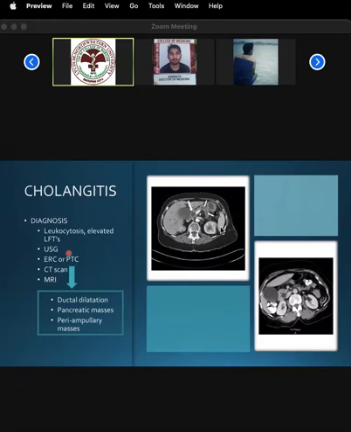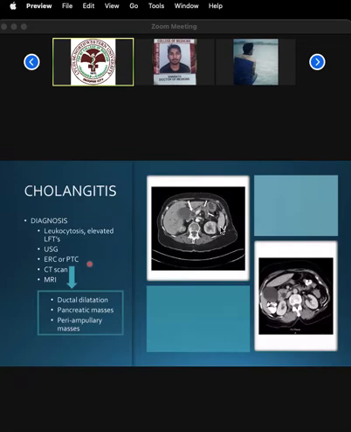Ultrasound is diagnostic. It's the gold standard. It may help you detect whether the infection is caused by stones or tumor. You may also request for ERC or PTC. Again, it has a diagnostic and therapeutic value. It allows you direct visualization of the ducts. Plus, it allows you to extract the stones and drain the infected bile.